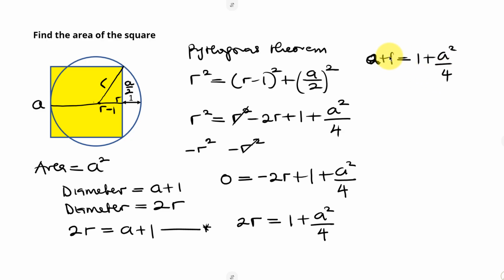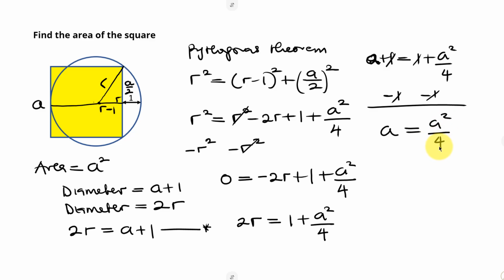Good. Now we see that we have 1 on both sides of the equation. So we can subtract 1 from both sides of the equation. Now subtracting 1, you see that 1 minus 1 is gone. So we have A here to be equal to, 1 minus 1 is also gone. So this is A squared all over 4.